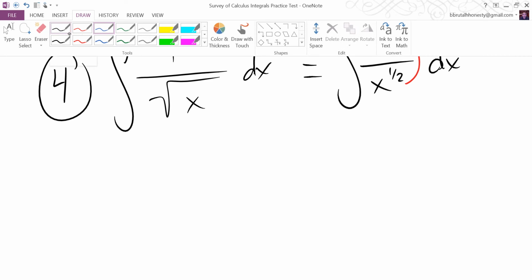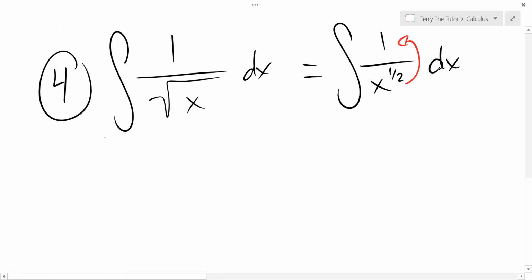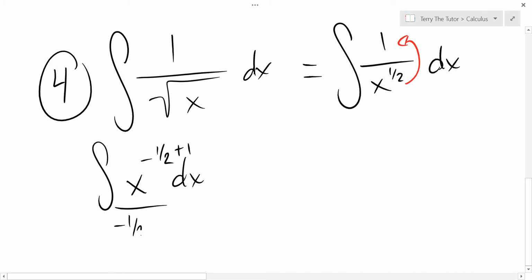So we wind up with the integral of x to the negative 1/2 power dx. We can take the integral by adding 1 and then dividing by that number, negative 1/2 plus 1. And that equals, well, negative 1/2 plus 1 is positive 1/2. So we've got x to the positive 1/2 divided by the positive 1/2.